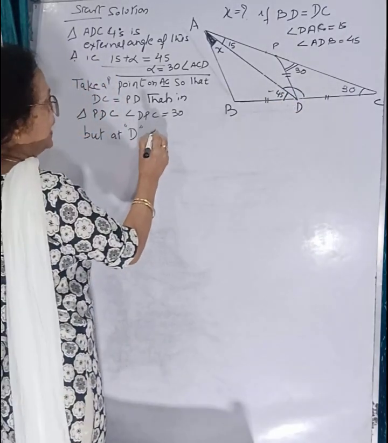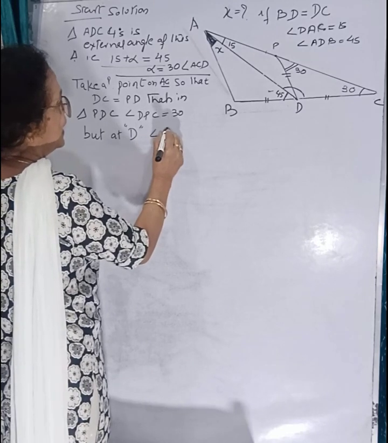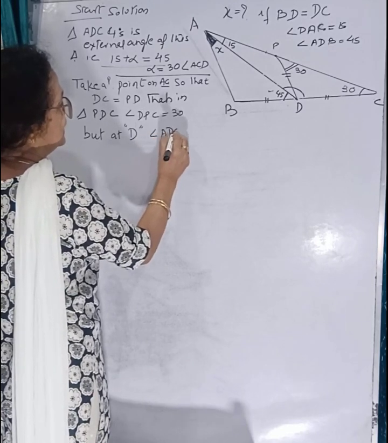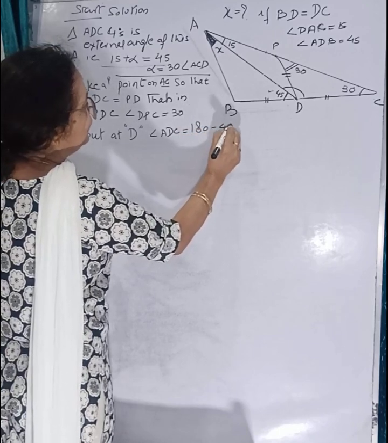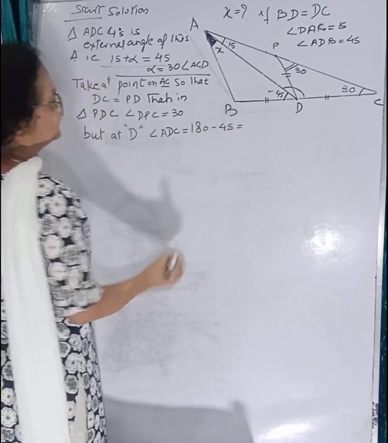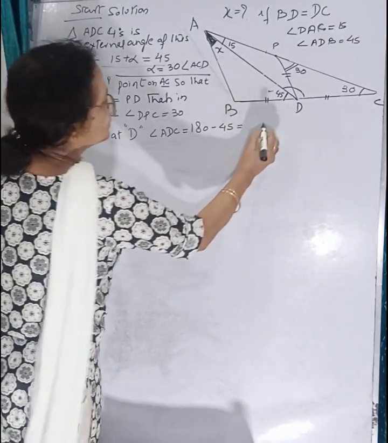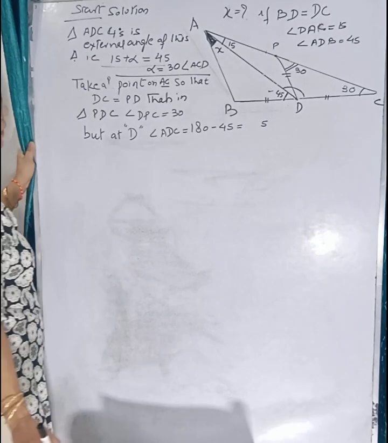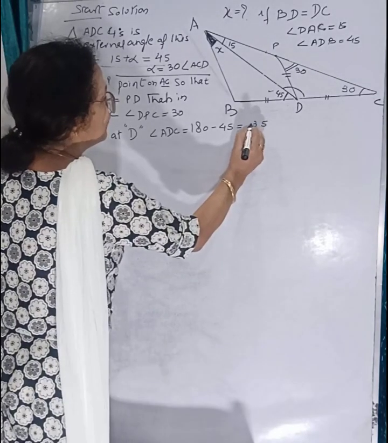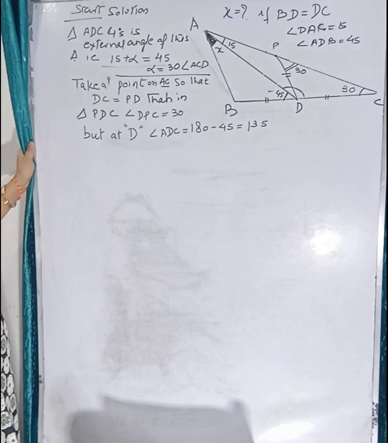At point D, angle ADC is equal to 180 minus 45, that is 135. Okay.